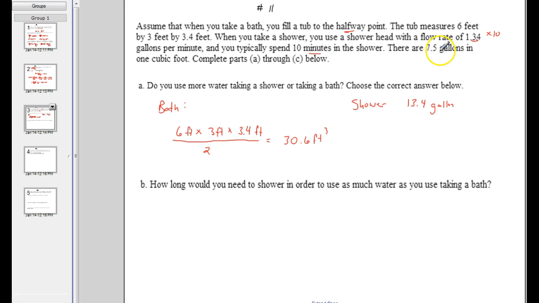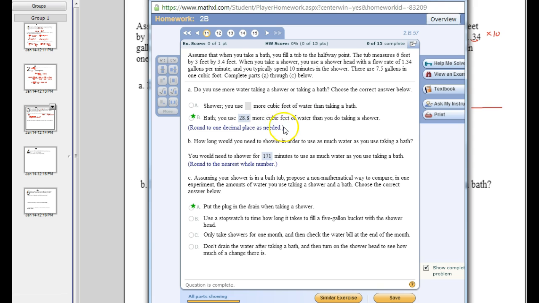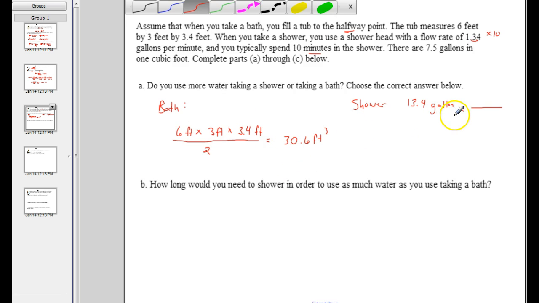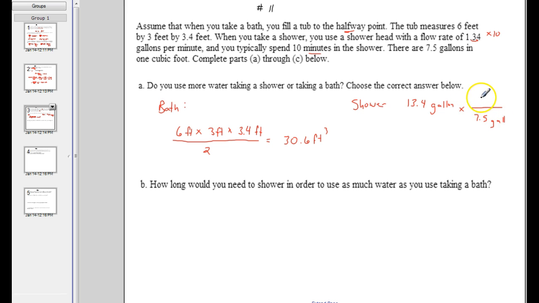And then it says here there's 7.5 gallons in a cubic foot. So I need to be able to compare this, so I need to switch to cubic feet or to gallons. The question has cubic feet in the answer, so convert everything to cubic feet. So this is already in cubic feet, so I'm going to convert this to cubic feet by putting 7.5 gallons on the bottom and 1 cubic foot on the top.